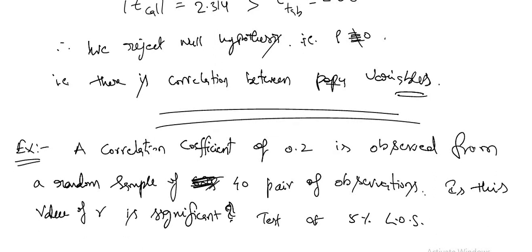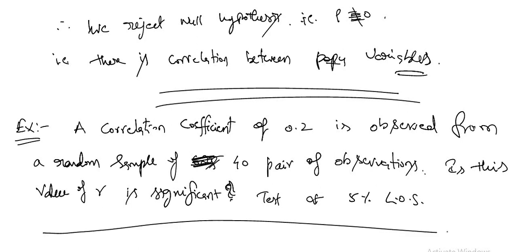Test at 5% level of significance. This is the question. You just go through the above procedure, as we previously did one problem. Here there is a different number of observations and a different correlation coefficient. So based on this information, you check and then take the decision. Okay, we'll continue.